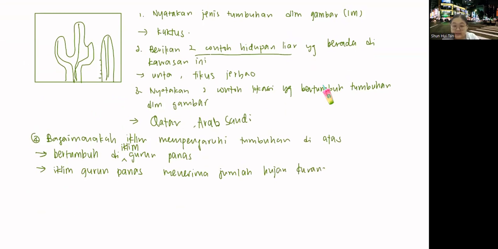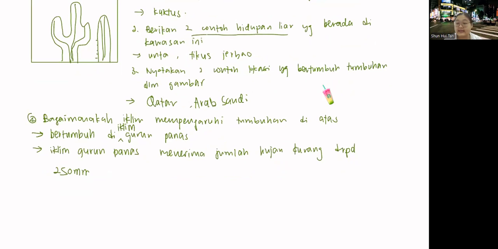Kurang daripada, how much? 250 mm. Now you can further link a little bit from what you learned previously, which is the tani. What is the characteristic of the plants? You can say, menyebabkan cactus berakar panjang untuk mencari air di bawah tanah.